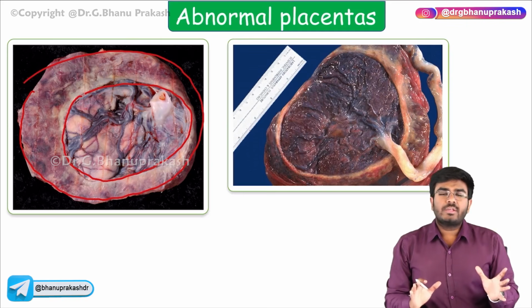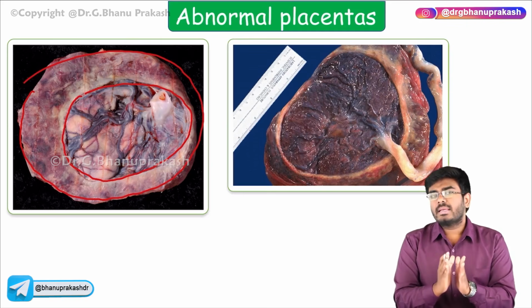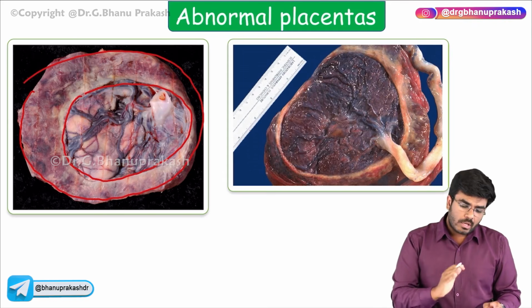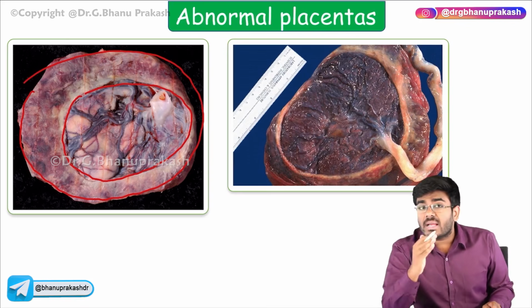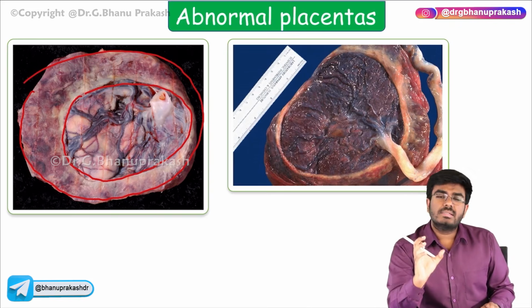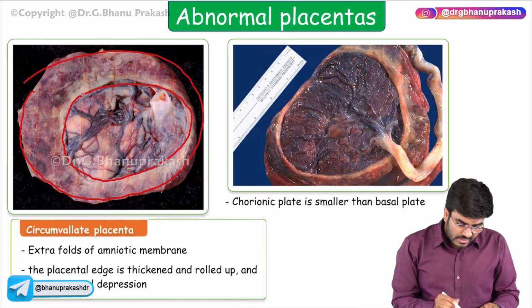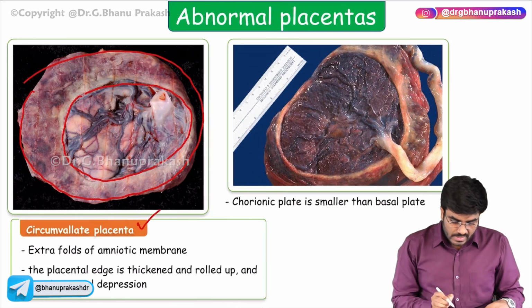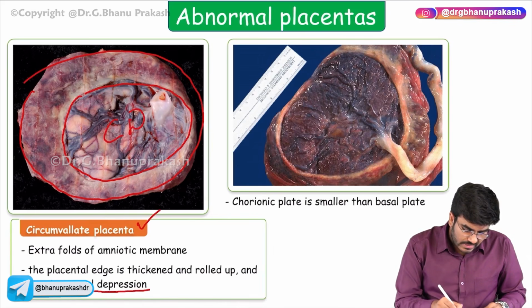Other than this, you don't need to remember much. The chorionic plate is smaller in comparison to the basal plate. So how do we differentiate circumvallate placenta from circummarginate placenta? In both conditions, the chorionic plate is smaller than the basal plate. But in circumvallate placenta there will be a central depression.